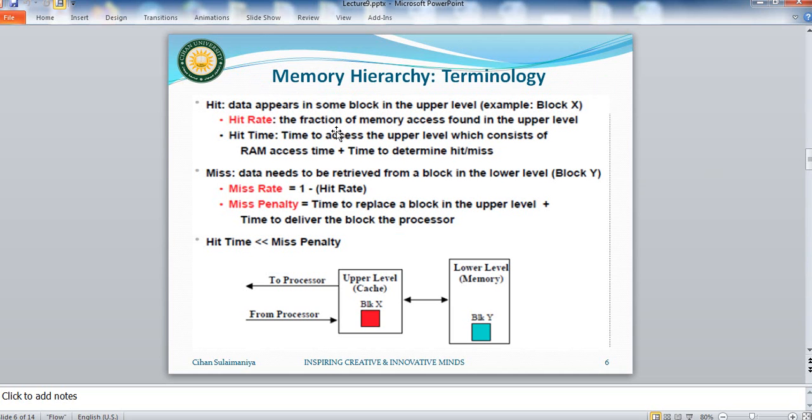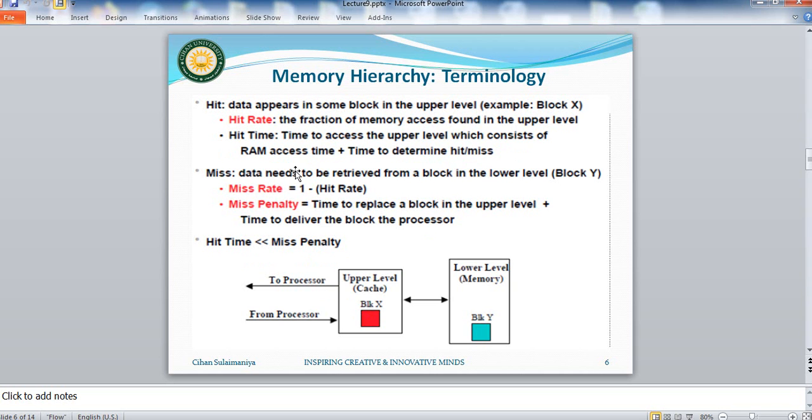So the hit rate is the fraction of memory accesses found in the upper level, which I mean is the cache. Hit time is the time to access the upper level, which consists of the cache access time plus the time to determine hit or miss. So that's the hit rate.